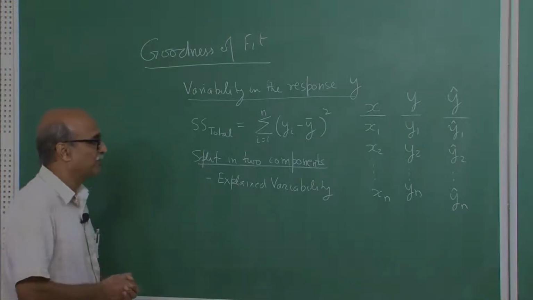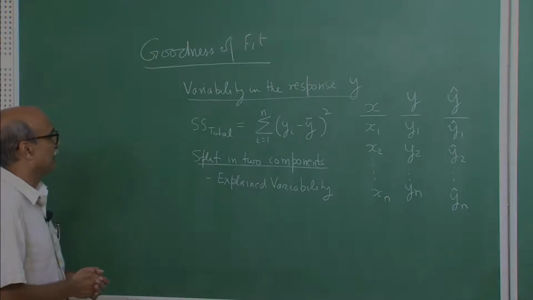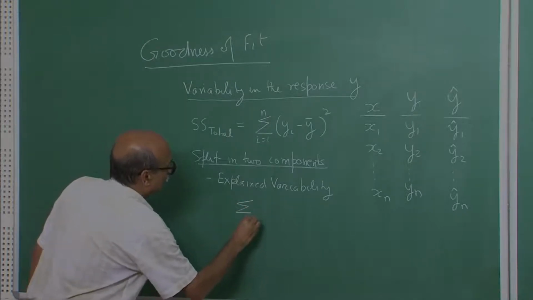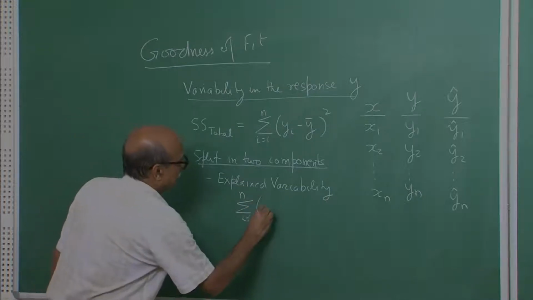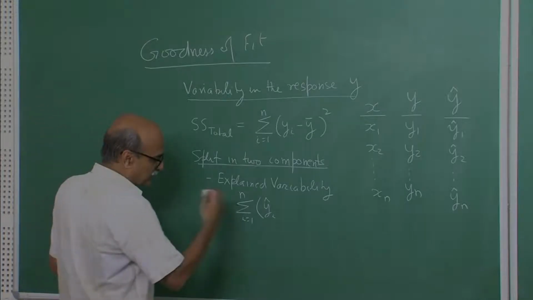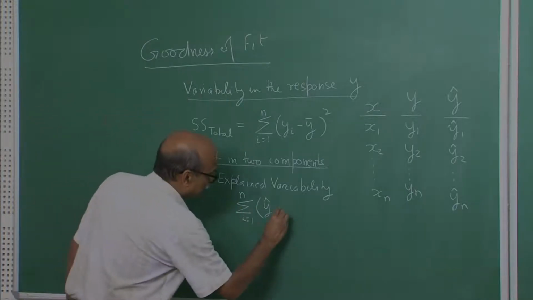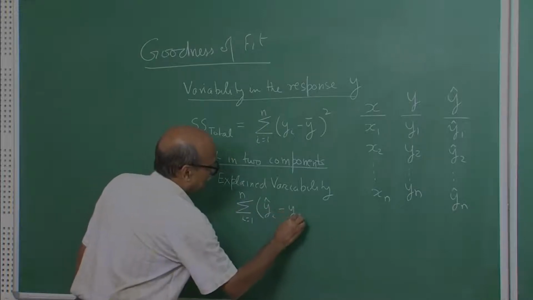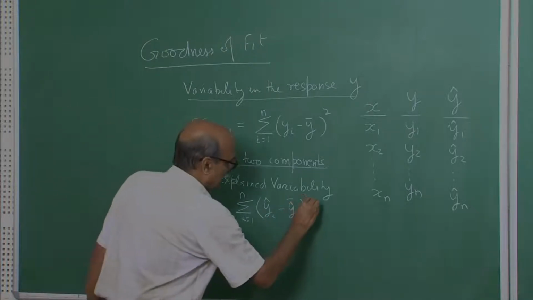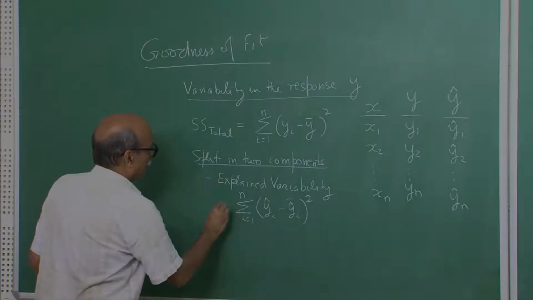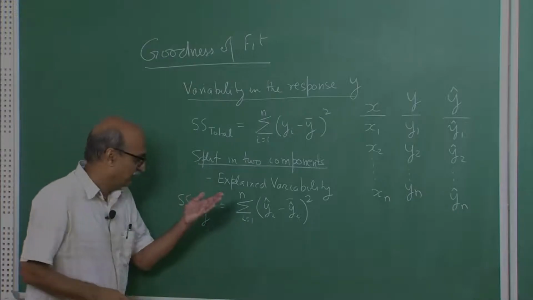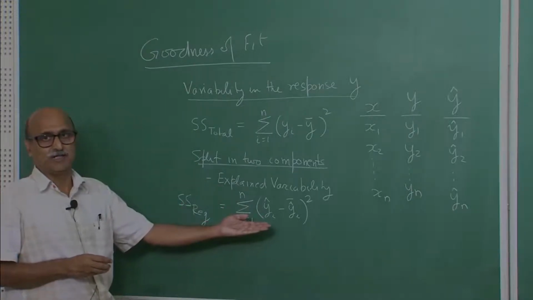This is called the explained variability, and this could be written as summation i equal to 1 to n, yi cap, the predicted value of the response at the ith point, minus the average value, squared. I will call this SS regression. That is, this is the variability that is explained by the regression model.